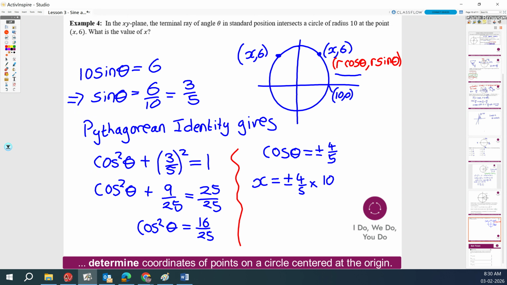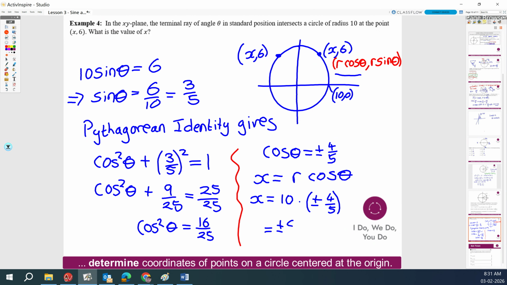Let me show it again. x is equal to r cos theta, so x is equal to 10 times plus minus 4 over 5, which is plus minus 8.